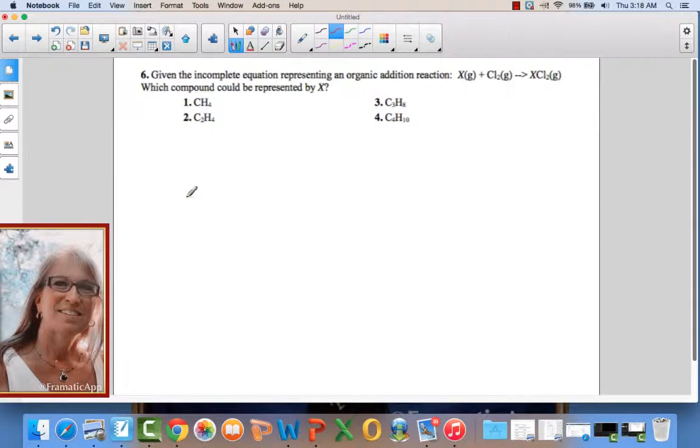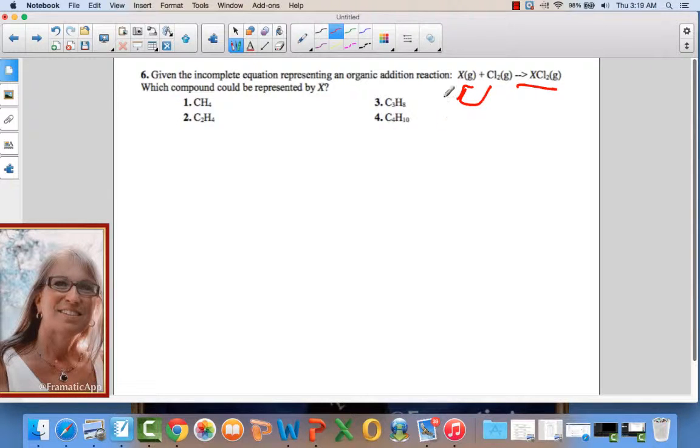Given the equation, X plus Cl2 yields XCl2, what compound can be represented by X? Notice the key to this is I have one product. Whatever I started with, I added it all.